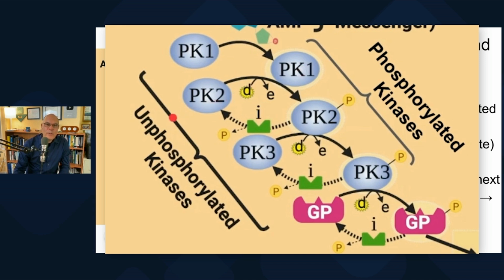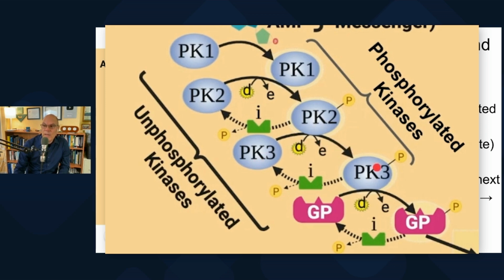Now, there's a couple of other things that I couldn't really convey in this diagram, but there's a level of specificity. In other words, this protein kinase 1 will only activate protein kinase 2. It'll grab a phosphate and glom it onto protein kinase 2, which will activate protein kinase 2. And then protein kinase 2 will activate protein kinase 3.